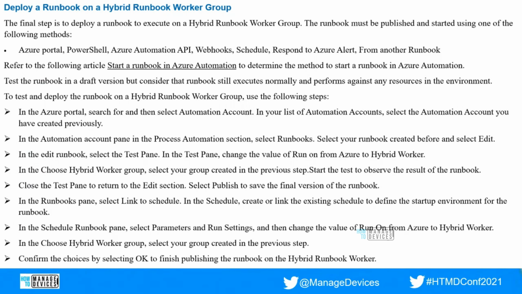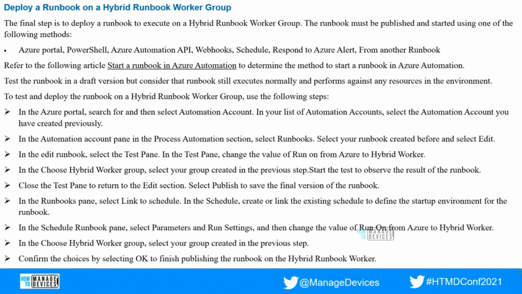Deploy a runbook. Now you are deploying it, so you already set it up, and you want to start that runbook. The first thing you'll have to do is go to the Azure portal, search once again for your automation account, select the runbook, click on edit, and you can use the test pane to test it.